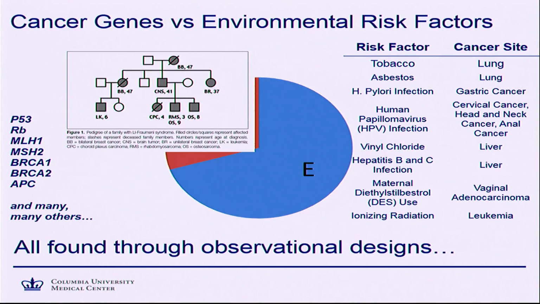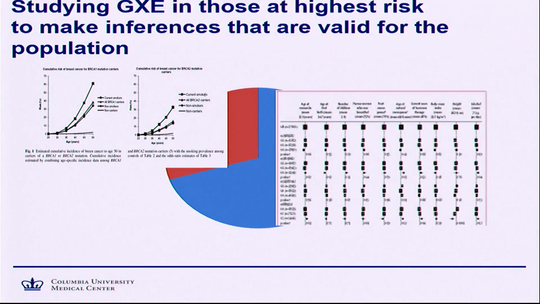So the discovery of these genes in this particular type of study design can be useful for all women, not just women with a family history. And likewise, the discovery of these environmental factors, which for the most part have come from studies of unrelated individuals, not family-based studies, are important to all individuals, even those with a family history.